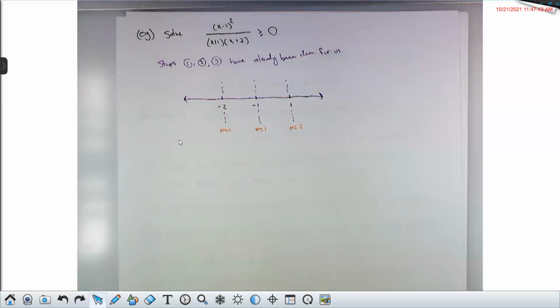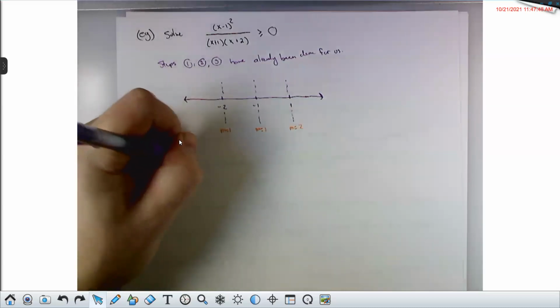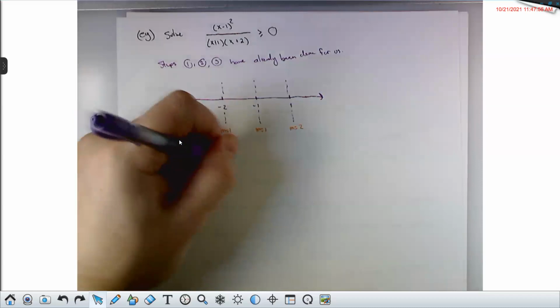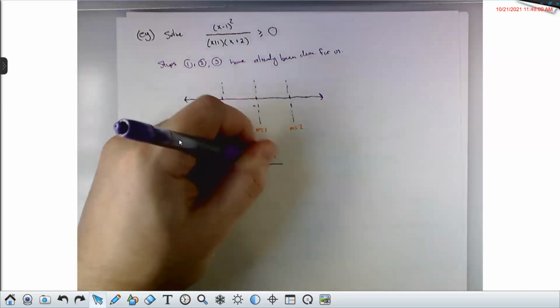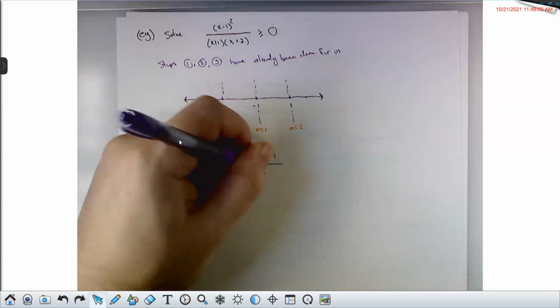Now, again, here I can use the horizontal asymptote to get the sign in the far left region. If I multiply this out, this is x squared minus 2x plus 1 over x squared plus 3x plus 2.